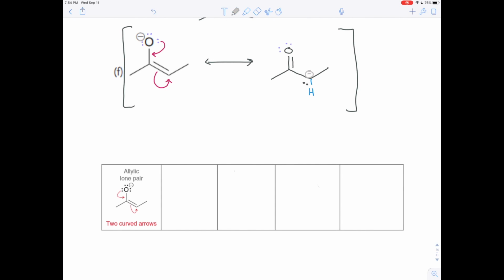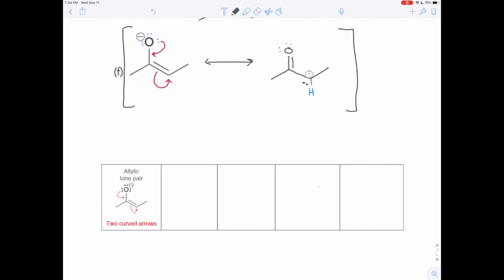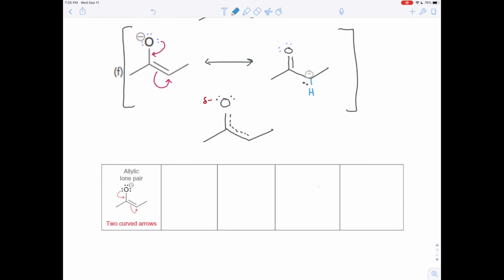So the true structure is not this structure on the left. It's not this structure on the right. It's something in between. It's the average between the two. And so I guess if you were to try to draw it in a sort of vague way, it would look a little bit like this.